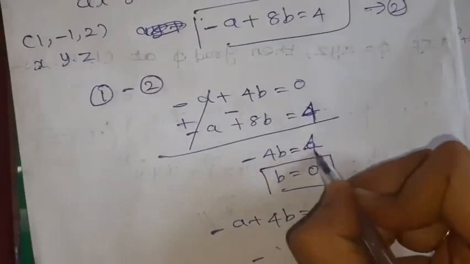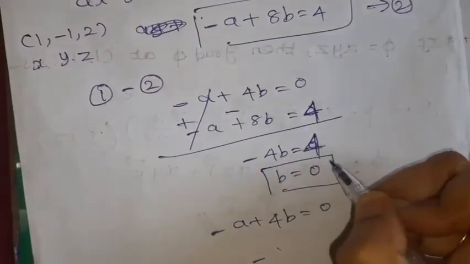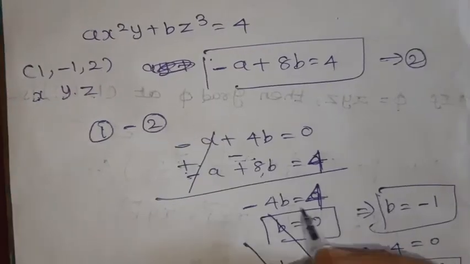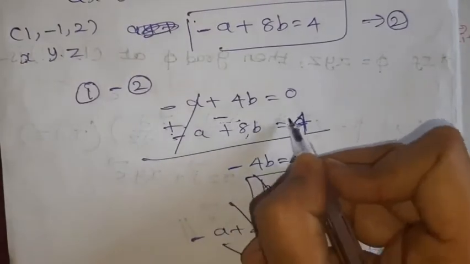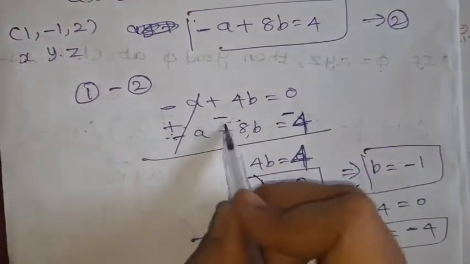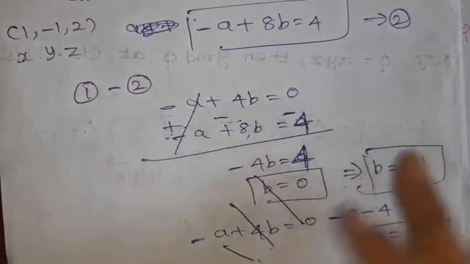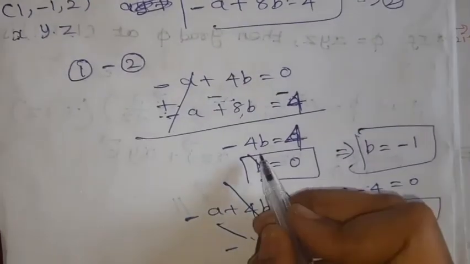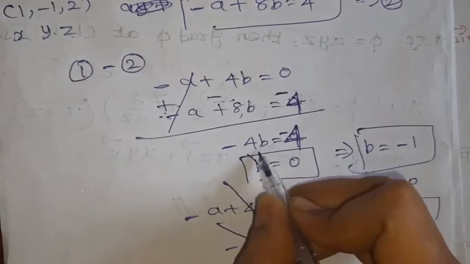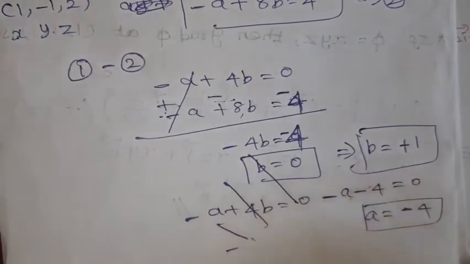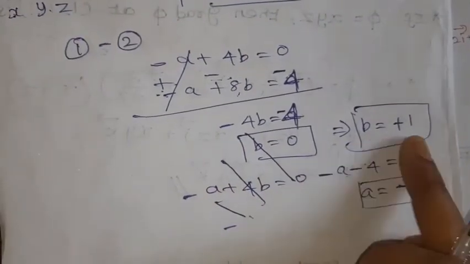Here we see the minus sign, so change the sign here also, plus minus minus. Subtracting, 4b minus 4 equal to minus 4b equal to minus 4. What is b? b equal to 1.